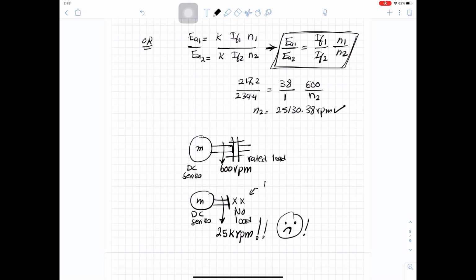The no load speed of DC series motor is almost infinity, and we will prove this later on. And this machine has to be operated under load. So we have to operate DC series machines under load. No one will operate a DC series machine at no load.